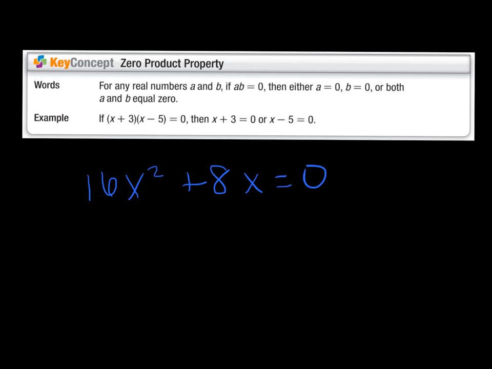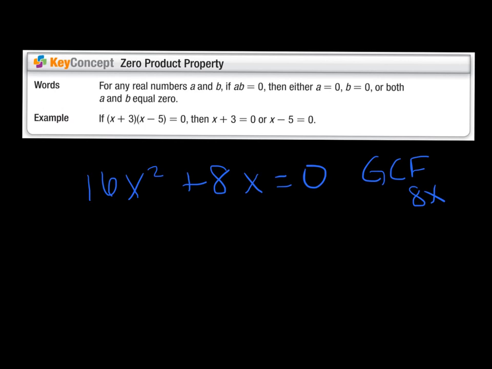And 8 goes into 8 and 16 goes into 8. So I would say that the greatest common factor is 8x. So I'm going to pull an 8x out of our equation here.